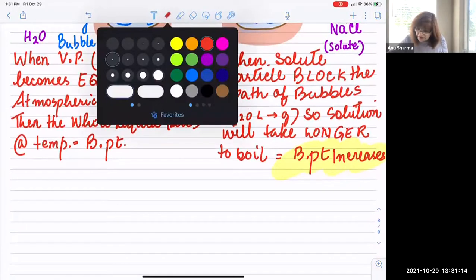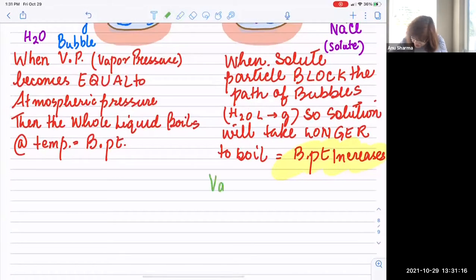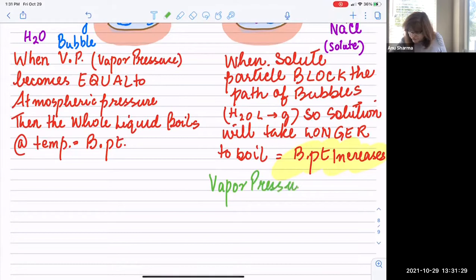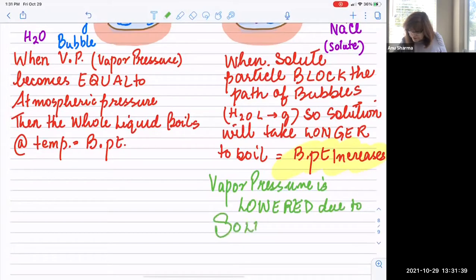Remember, when the vapor pressure becomes equal to the atmospheric pressure, then the liquid boils. But when there are fewer vapors, it is going to take longer for the solution to boil. So vapor pressure is lowered due to the solute particles.